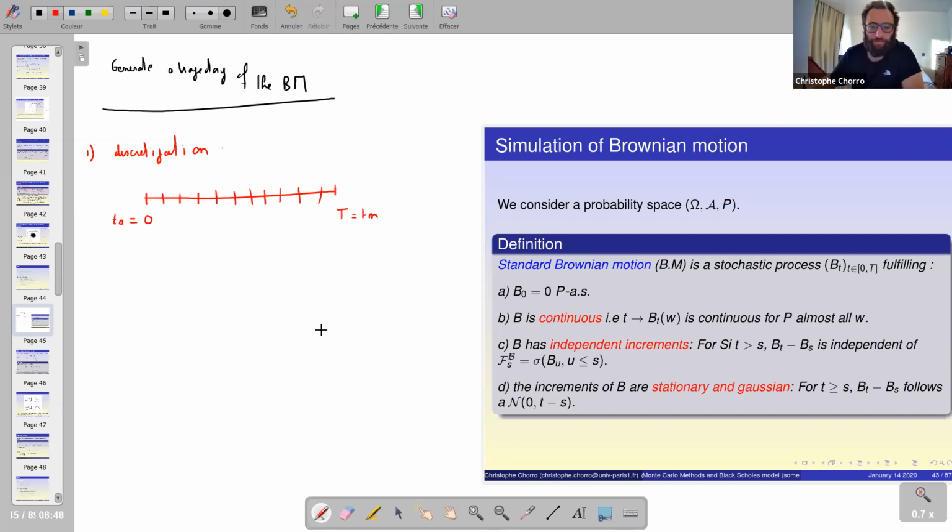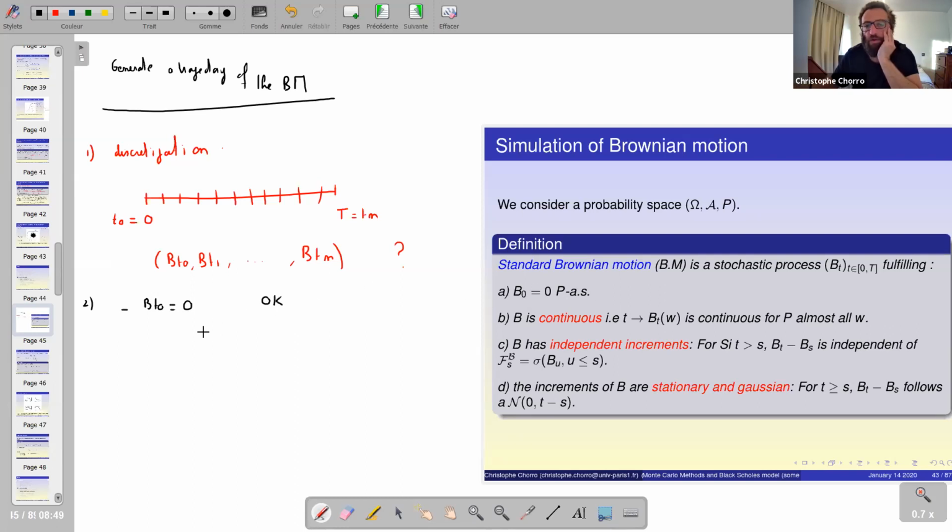So my problem is to generate B_t0, B_t1, up to B_tn. That is what I want to generate. In a second step, for B_t0 I don't have the choice: B_t0 is equal to 0, because I have a standard Brownian motion starting from 0.